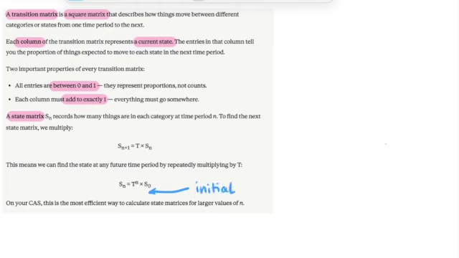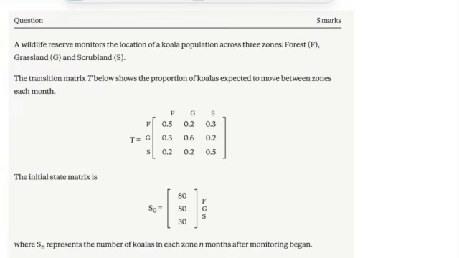On your CAS, this is the most efficient way to calculate state matrices for larger values of n. That is, we type in our transition matrix, we put it to the power of n, and then we multiply by our state matrix. Now let's consider a question so we can see how the transition matrices work.